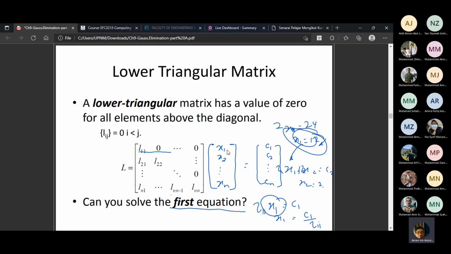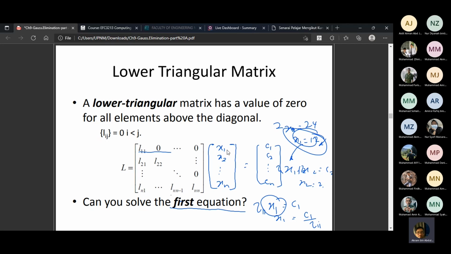Ini adalah fixed term, kita ada nilai kat sini. L11 pun kita akan represent dengan nilai. So maknanya kita boleh straight away cari x1. We can find x1 where x1 is actually C1 divided by L11. So maknanya if we have a lower triangular matrix, when we apply to the linear system equation punya form tadi tu, maknanya kalau kita darab first row, kita akan terus dapat nilai x1.